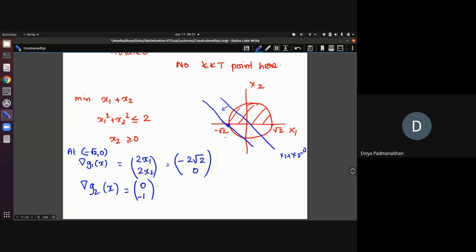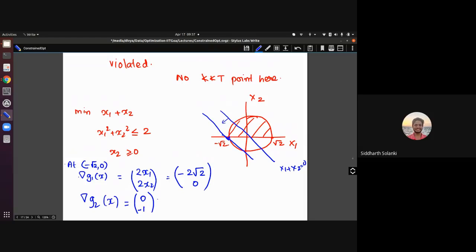This is an example of a case where the optimum point is a regular point, and so it also satisfies the KKT conditions, if you ignore the convexity aspect. The optimum is going to be part of a KKT tuple.